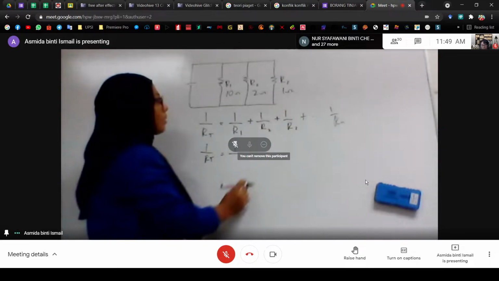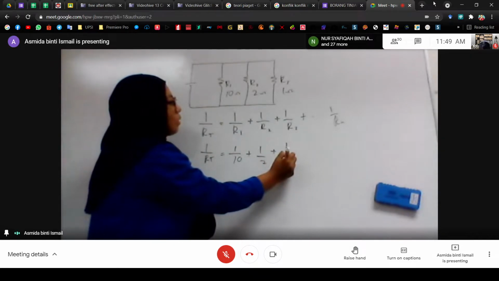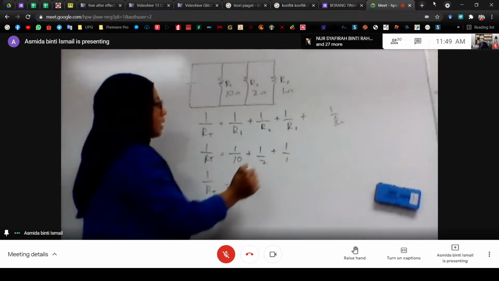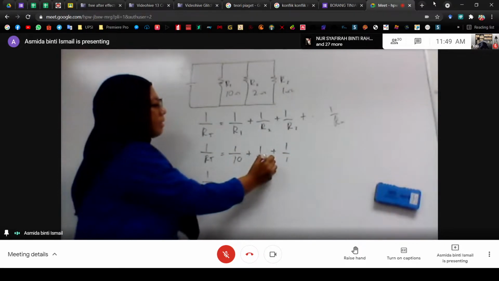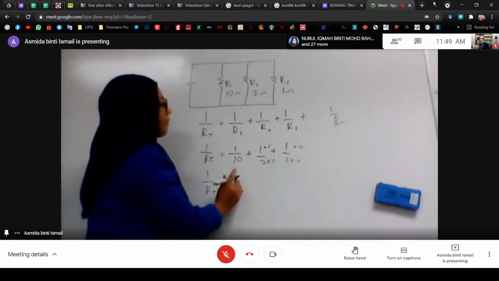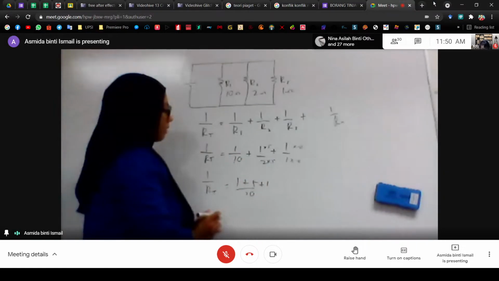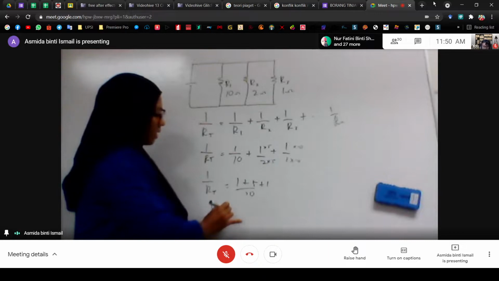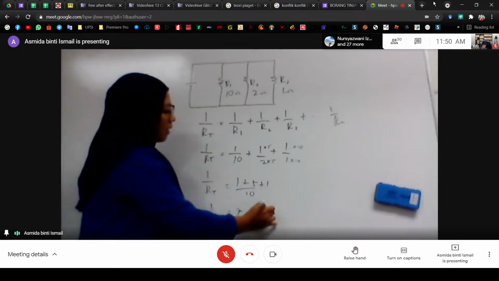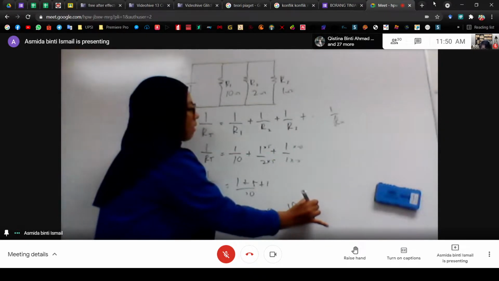This is 1 ohm. 1 over 10 plus 1 over 2 plus 1 over 1. 1 over RT is equal to 1 plus 5 plus 10 over 10, so 1 over RT is equal to 7 over 10. So RT is equal to 10.